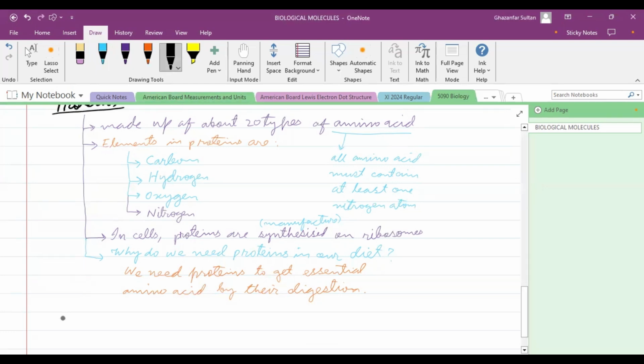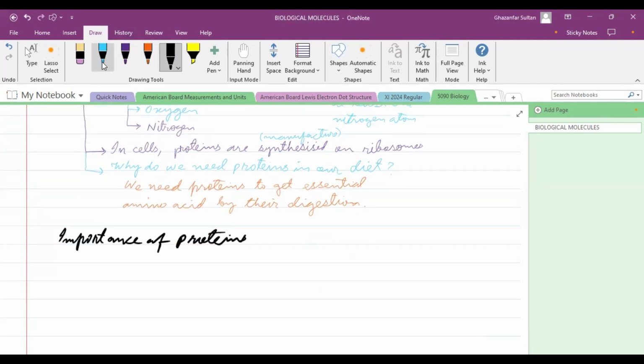So now I'm also describing here the importance of proteins. Why do we need proteins? So number one, for structural purpose.